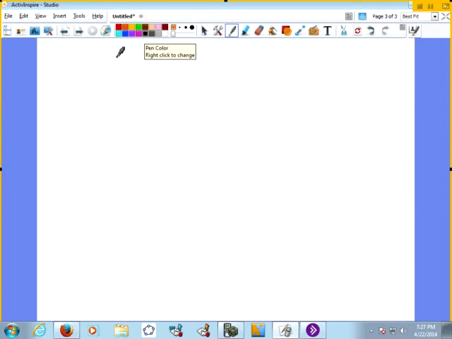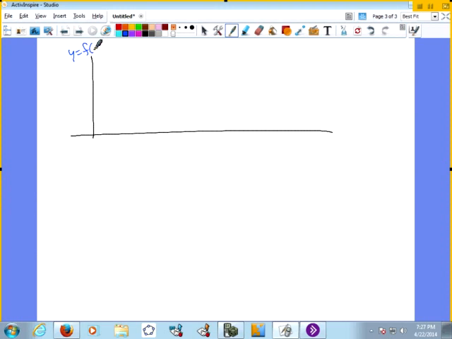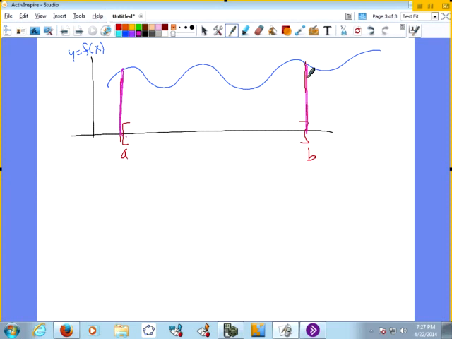So here's the idea of Riemann sums in a nutshell. It's looking at exactly what we did last time. We've got some graph, y equals f of x, and we've got some interval from A to B. Okay, so we're only interested in the graph actually between A and B. Now, the idea, there's some terminology that comes up.